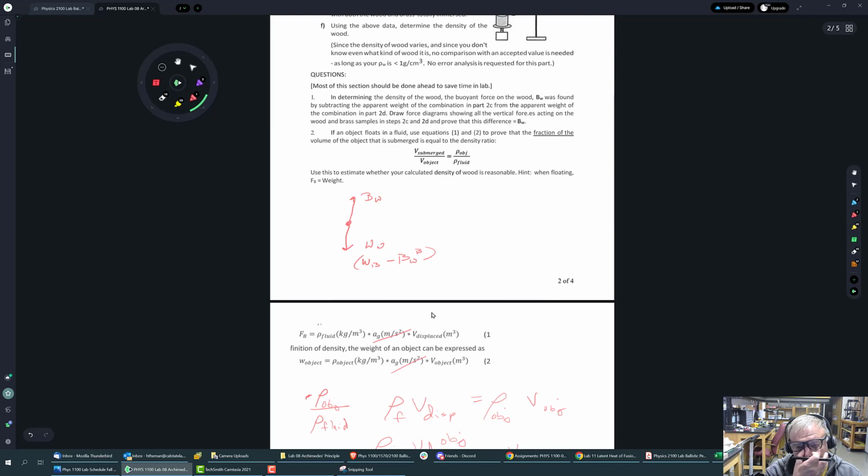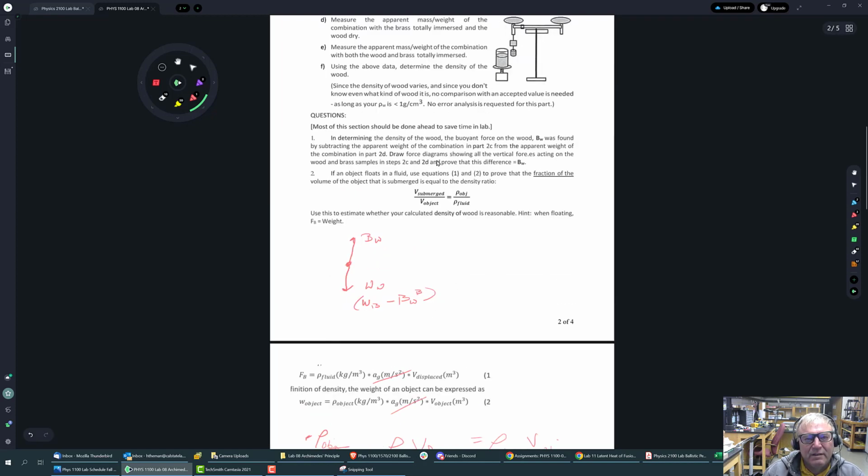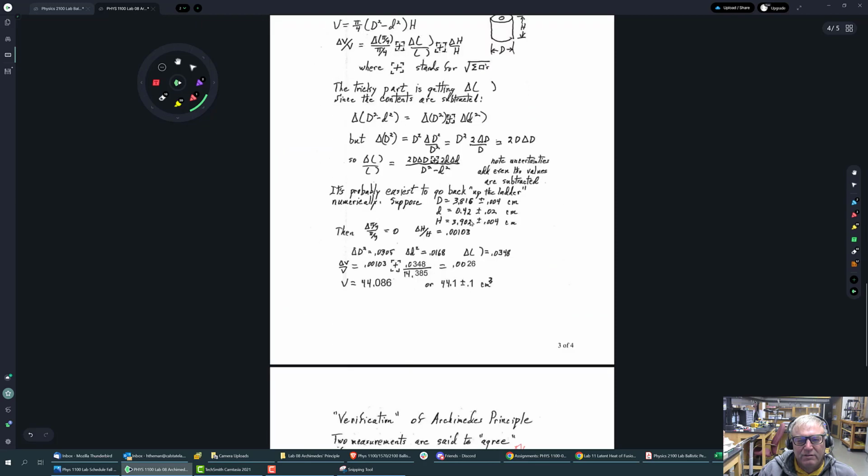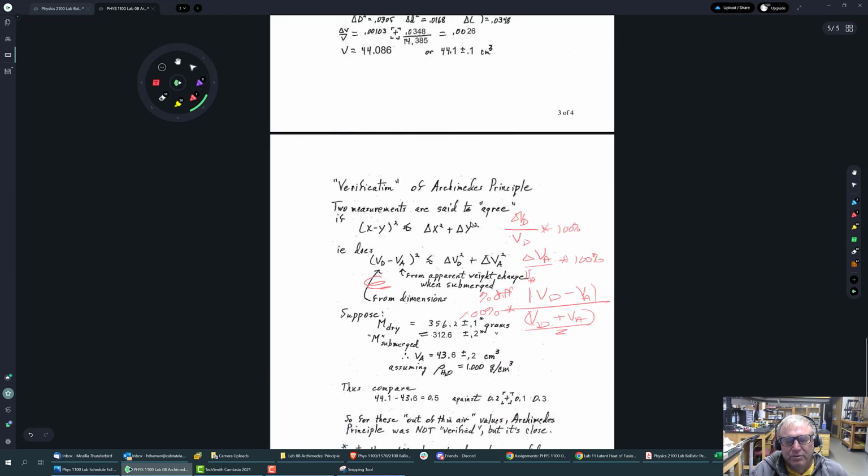The error propagation I'm having an issue with. In the case here, we can do error propagation on the volume, and then we don't have an error on the accepted value, but in that case, what we want is the percent difference between Archimedes and the measured value.